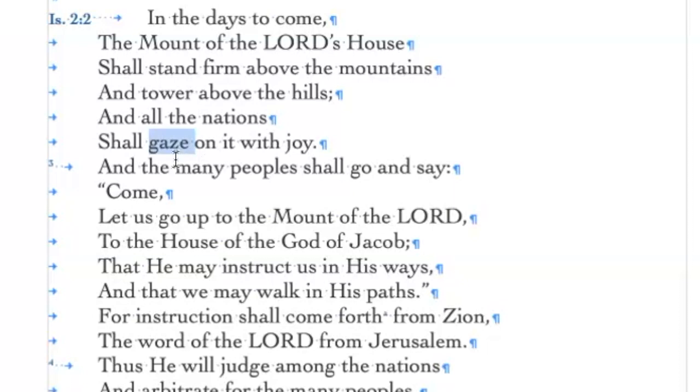We have here, the nation shall gaze on it with joy, and you shall stream to it. So this is one of the most famous early questions in this piece of prophetic literature. What is being prophesied here? Now, the Hebrew is naharu, right? Naharu. So if you think of it as nahar, a river, then stream to it. The long and the short of it is, you'll see here, it's gaze.